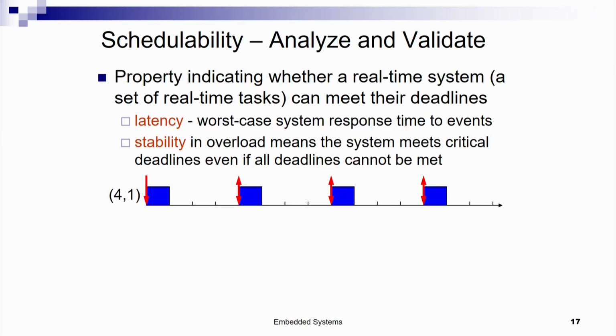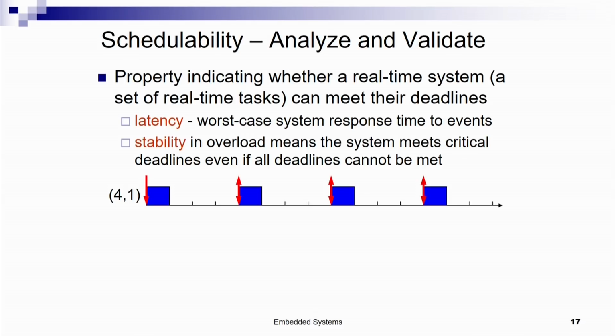So, schedulability, what is it? It is a property which indicates whether a real time system, or a set of real time tasks, can meet their deadlines. So, deadlines in the form of latency, that is worst case system response time to events. An event can be the arrival of a job.